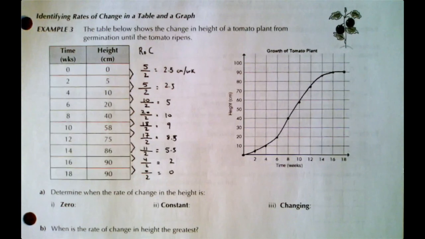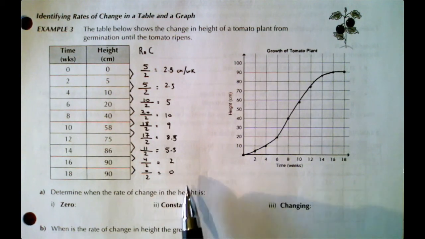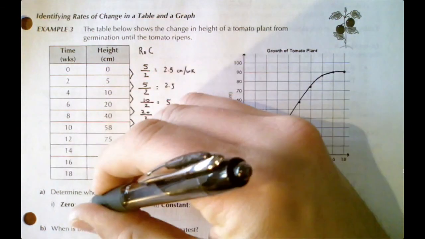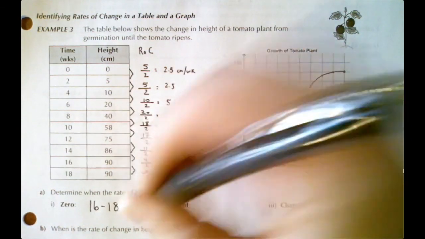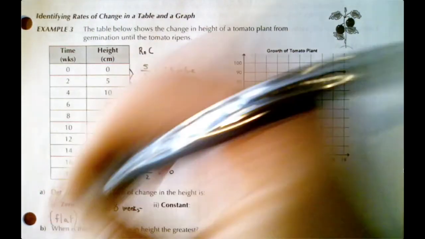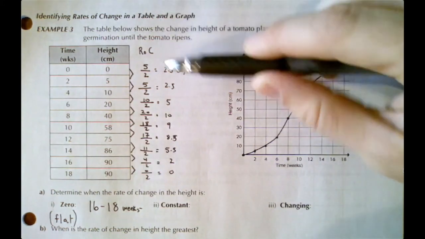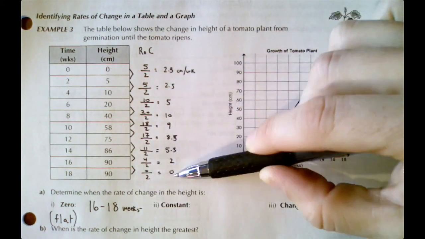So now we can answer some questions about the tomato plant. When's the rate of change 0? Well, the rate of change is 0 at the end, between weeks 16 and 18. If we're just looking at the graph, we'd be looking for where the graph is flat. Where's the rate constant? Well, we look in our table, 2.5 and 2.5. That's the same number. Nowhere else is it the same number.